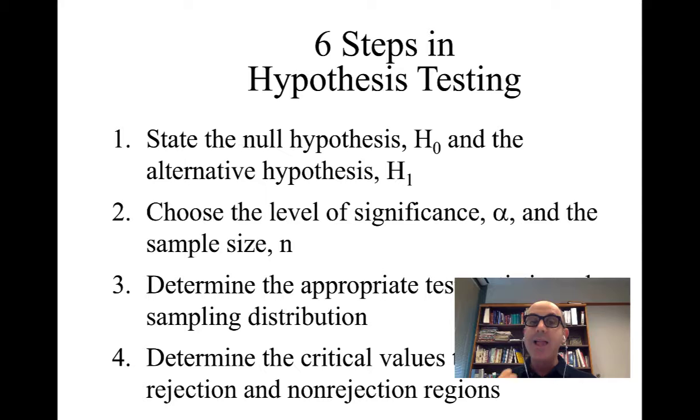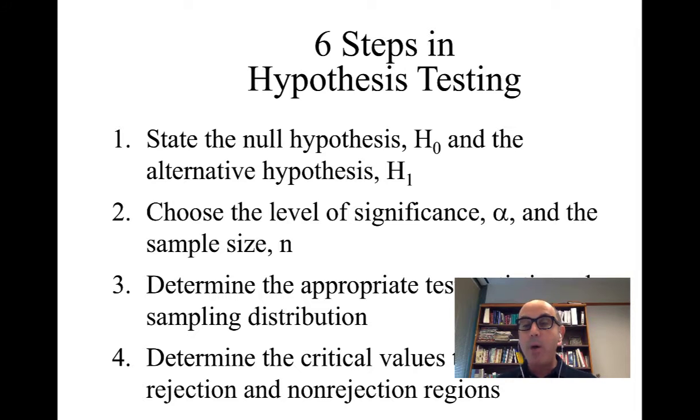First, you state the null hypothesis, which is H0, and you state the alternative, H1. You choose the level of confidence, which can be 90%, 95%, or 99%, and the sample size. I showed you how to determine the sample size.